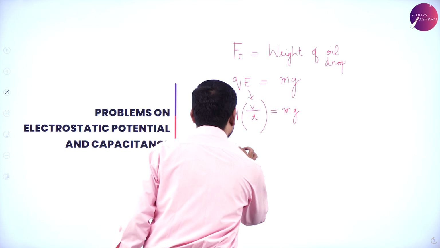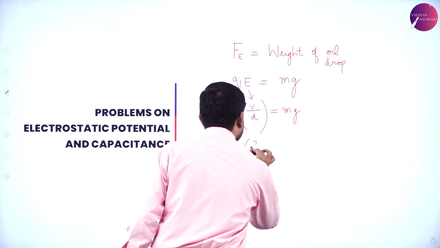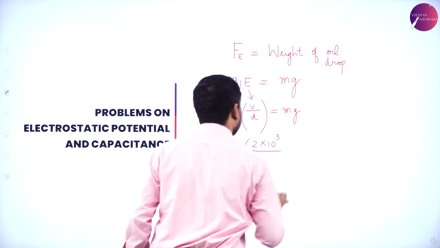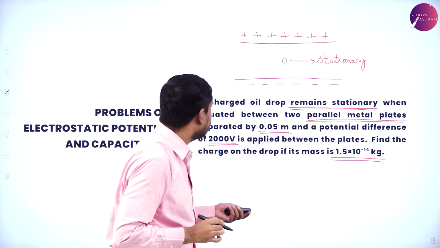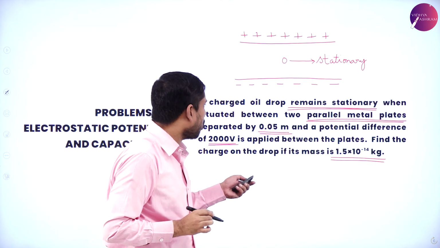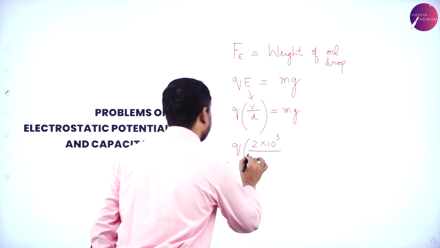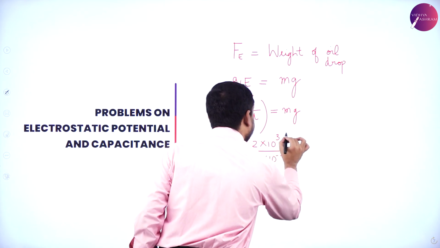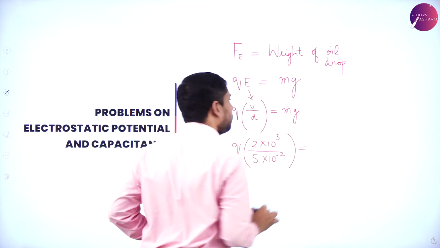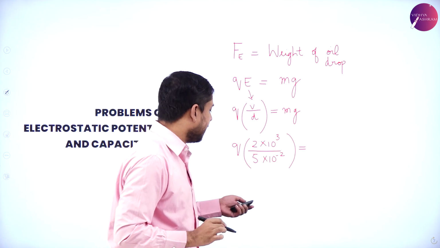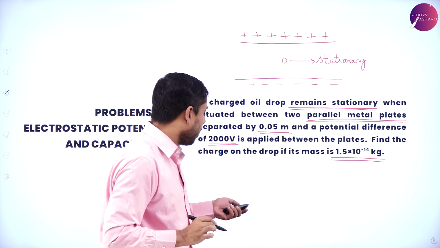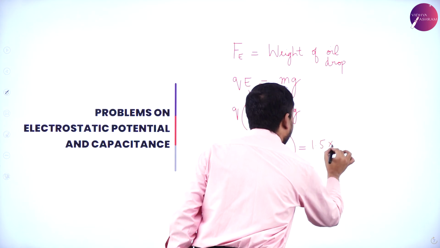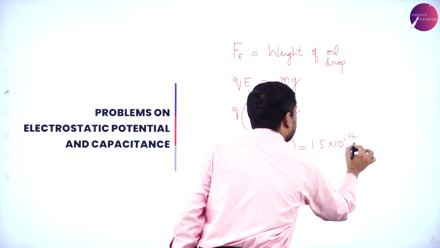So Q, so this is 2000. What is the distance between the plates? 0.05 meter or 5 into 10 power minus 2. Mass is given 1.5 into 10 power minus 14.